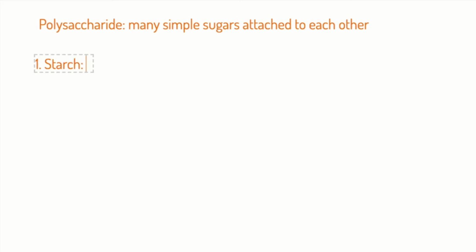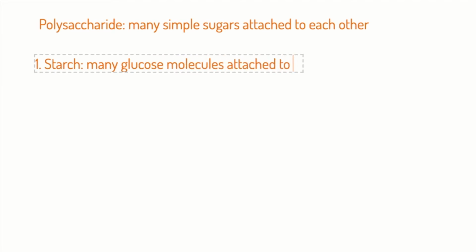Okay, and what starch is, is a lot of glucose molecules attached to each other in a long string. So many glucose molecules attached to each other. Okay, I'm going to say thousands of glucoses.